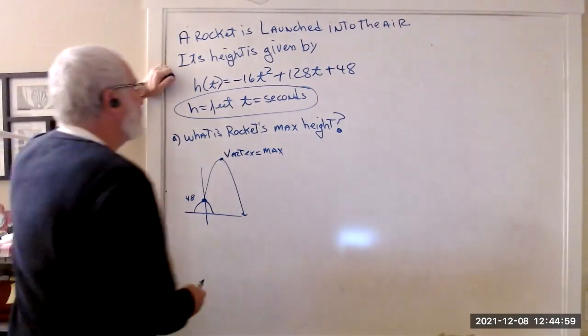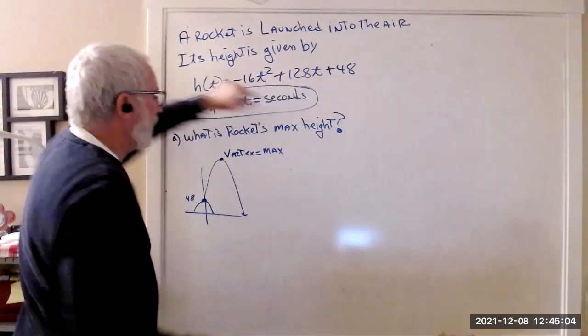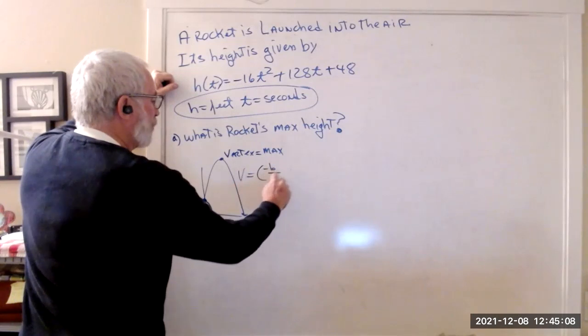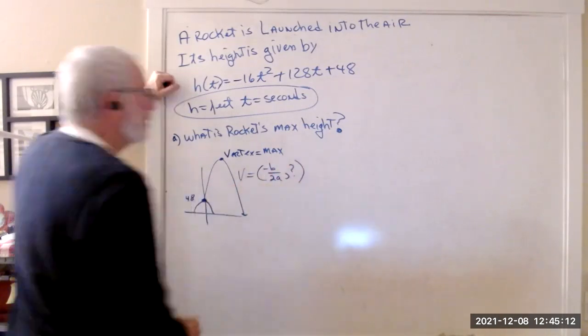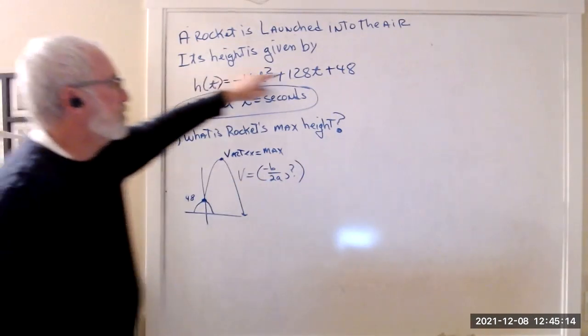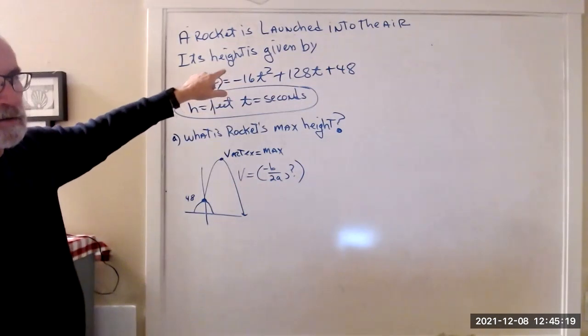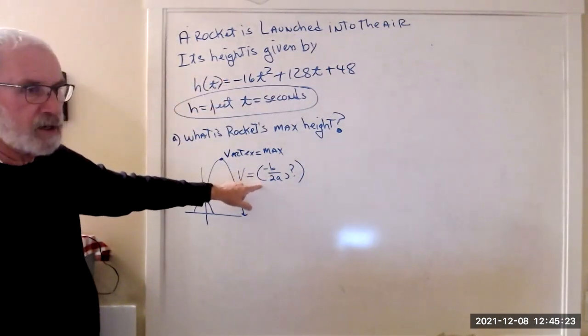What we need to remember is when the equation is written in this way, the vertex is negative b over 2a, comma, plug it in. When the equation is written like this for a parabola, this is the formula we need to know.